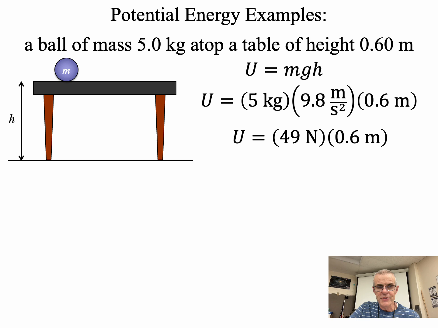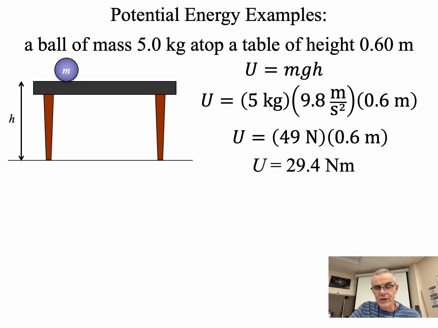This bowling ball is pulled by gravity 49 newtons. If we multiply by 0.6 meters, that's a distance. Could 49 newtons act over a distance of 0.6 meters on this bowling ball? Yes, if the bowling ball comes off the table and moves to the floor, then that much work would be done by gravity.